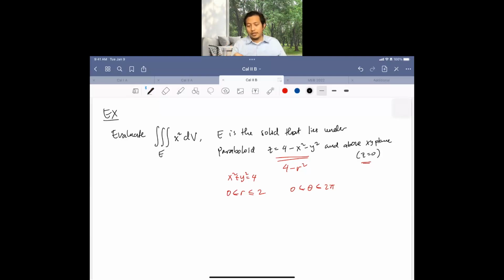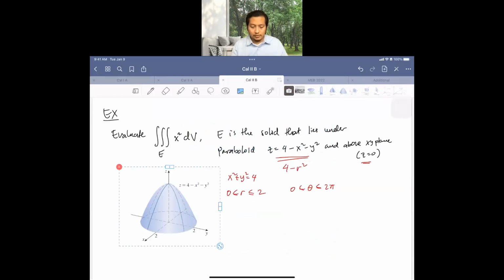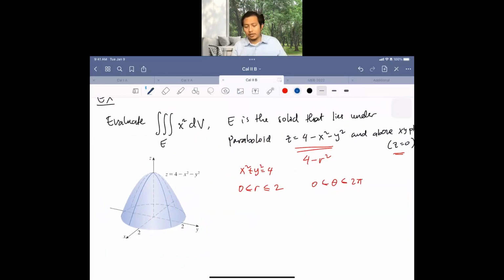And I think we can just directly evaluate. Or if you would like to draw the curve and see what this looks like, we could draw it easily. Okay. But I don't think we need to draw, because 4 minus x squared minus y squared can be easily visualized in our mind, right?